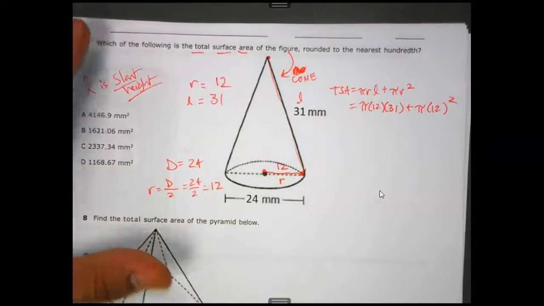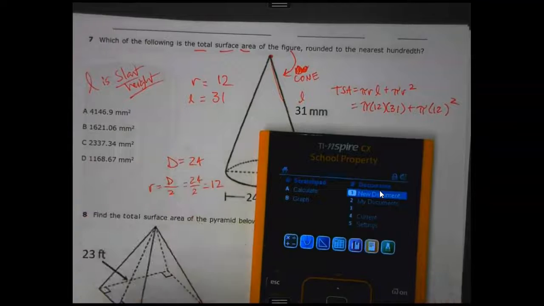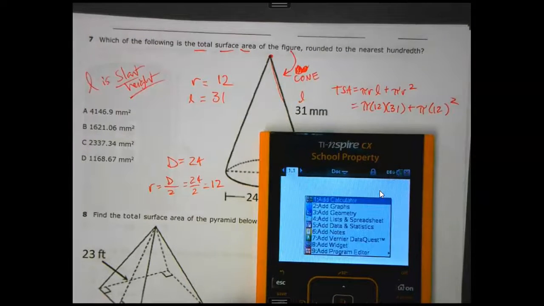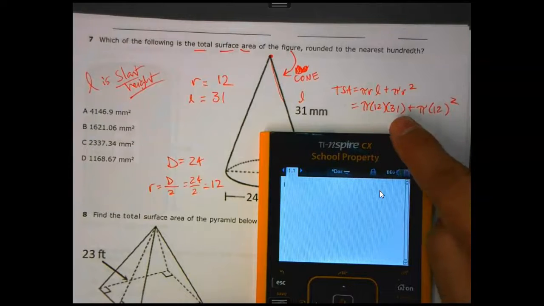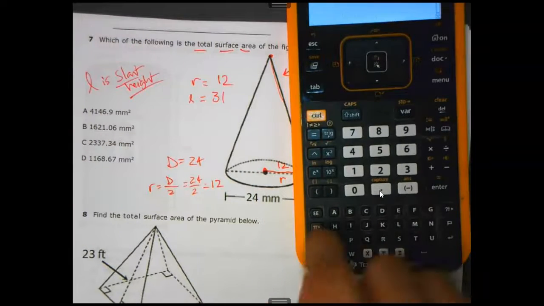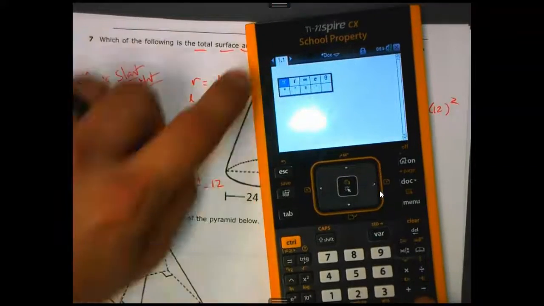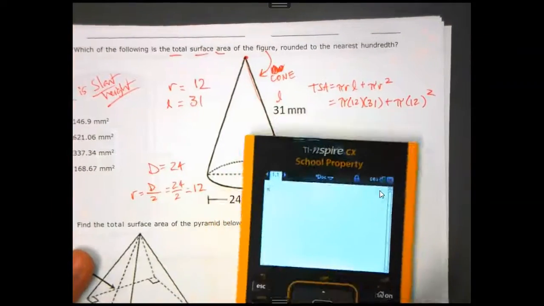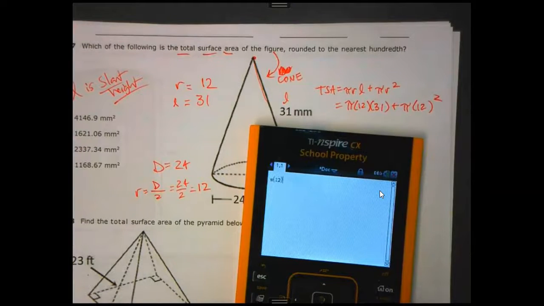So what I need to do is type this into my calculator. I'm going to go to new document, don't save, number 1. If you didn't know, the pi button is down here next to the letter H. You have to press the pi button, and then press enter to select it. So there's pi, and I'm going to do 12 times 31 plus pi, 12 in parentheses, and then don't forget to square it.